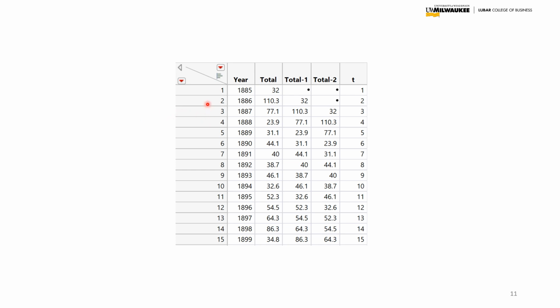If you go up, it's 110.3 in the previous year, and then prior to that, it's 32. But we see those values on the same row of 1887, 110.3 here and 32. So we're lining up the previous year and 2 years in a given row so that we can compare them.